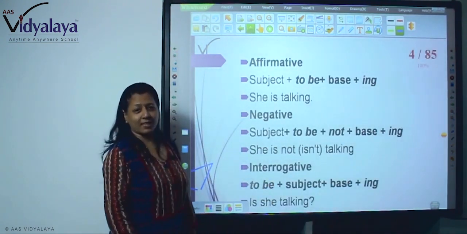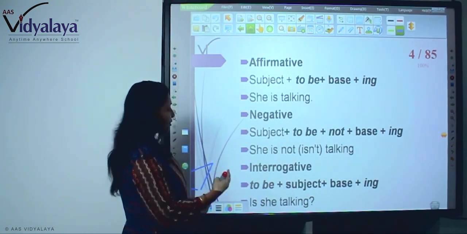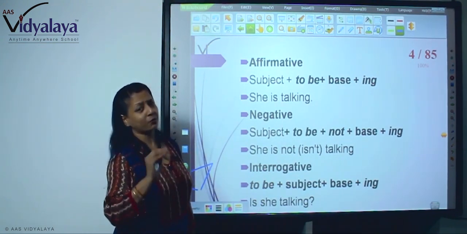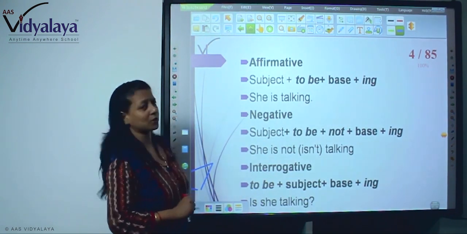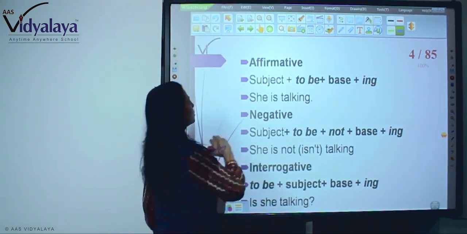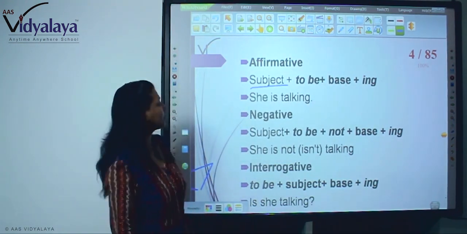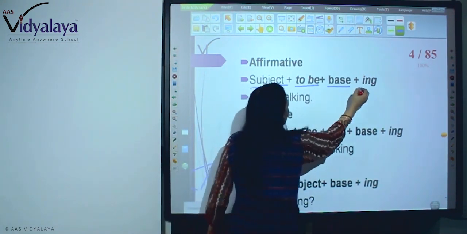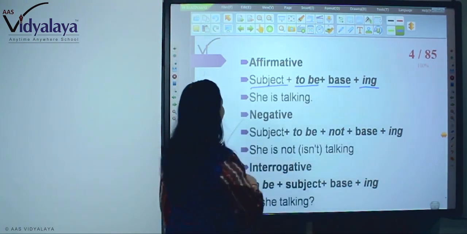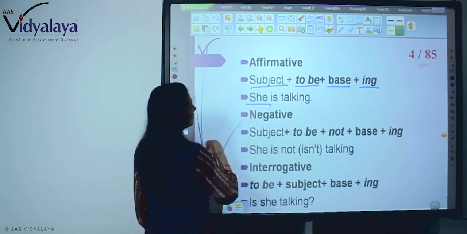So, there are many types of sentences: affirmative, negative, then interrogative. All types of sentences we make in present continuous. First we will talk about affirmative. So, subject. Who is subject? She is a subject.